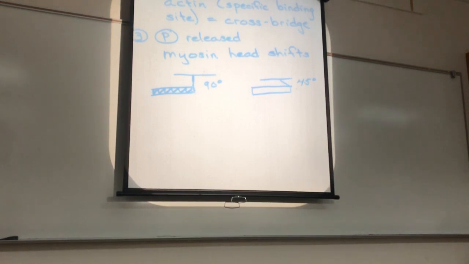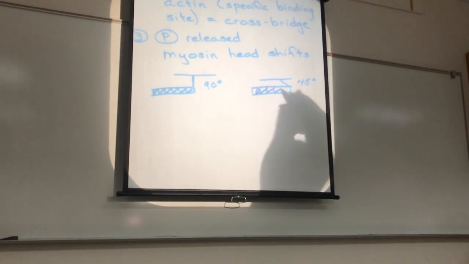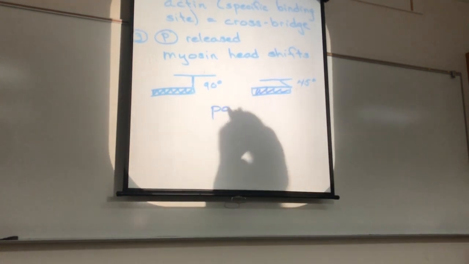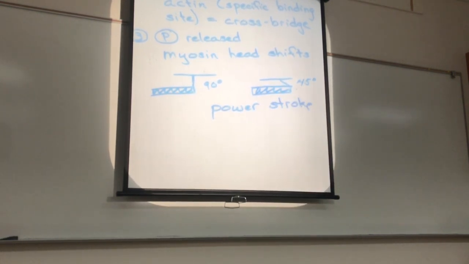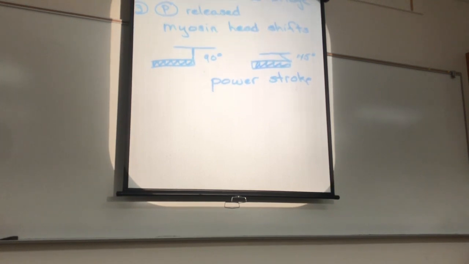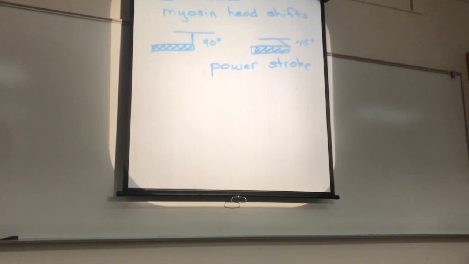This is something called the power stroke. And the thin filament is going to slide across the thick filament, moving closer to the middle of the sarcomere.